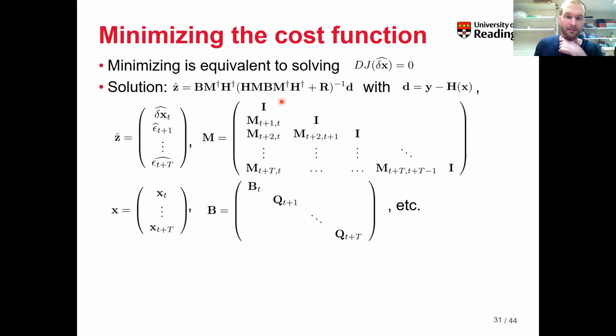And the matrix M is the matrix that maps your initial data assimilation correction and all the errors to the full data assimilation correction. So it propagates your solution forward in time.